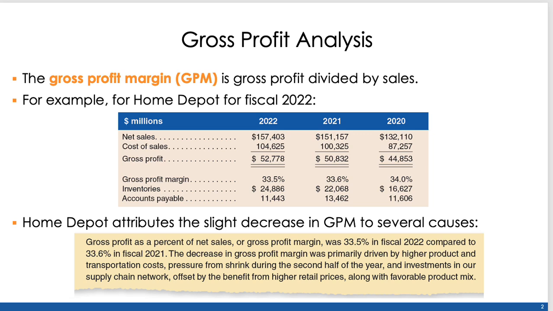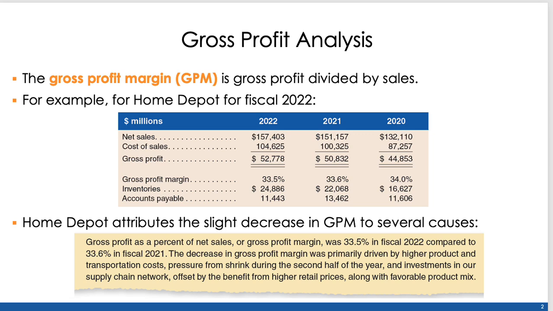Gross profit is increasing every year, but really the issue here is, upon deeper analysis, the level of net sales is increasing even faster, and therefore, when you take your gross profit margin, gross profit divided by sales, you can see that the gross profit margin is actually declining each year from 34% in 2020 to 33.6 in 2021, and then dropping further to 33.5 in 2022.